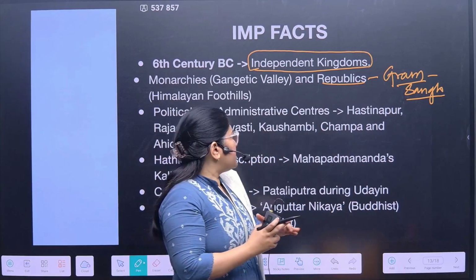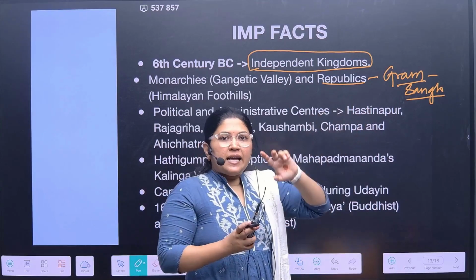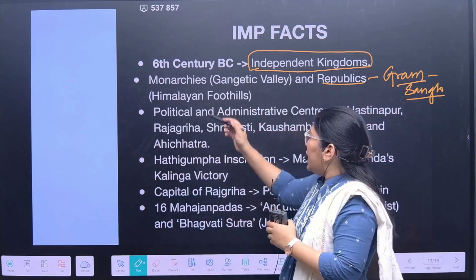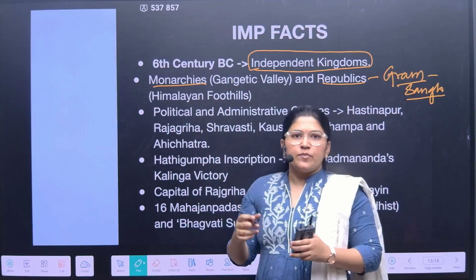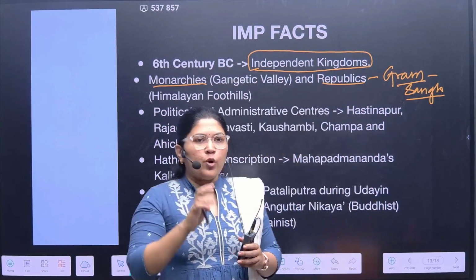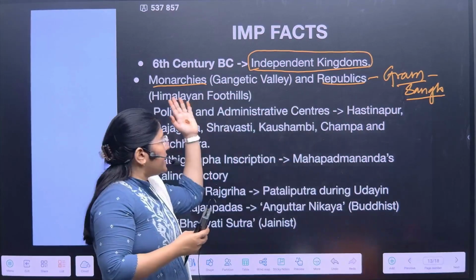So these are the republic states, and the monarchical states are the states where the kings would be selected based upon their monarchy.